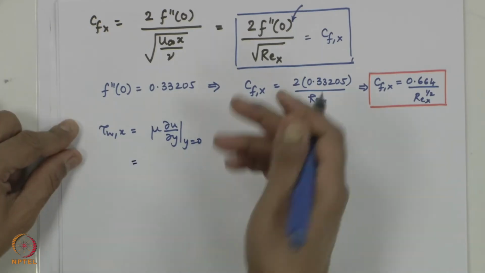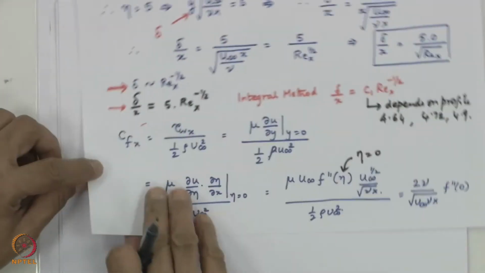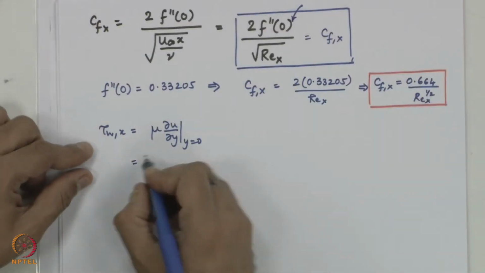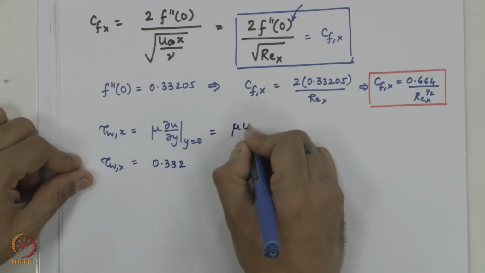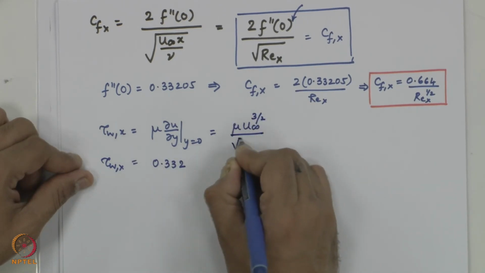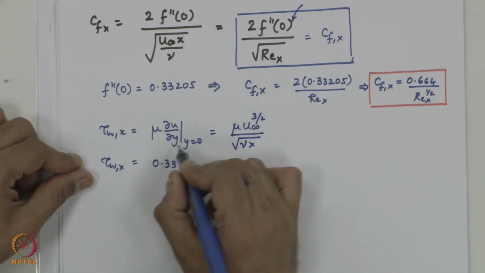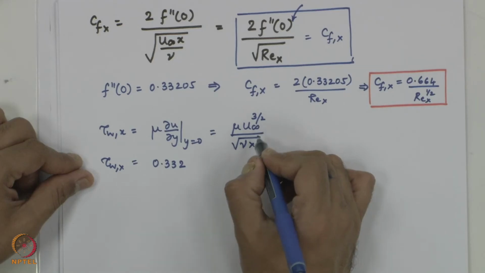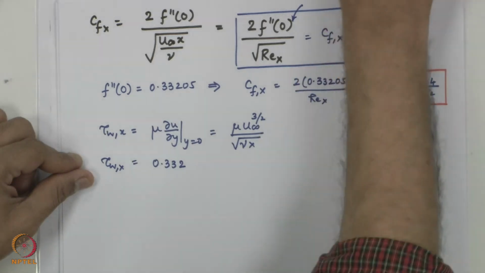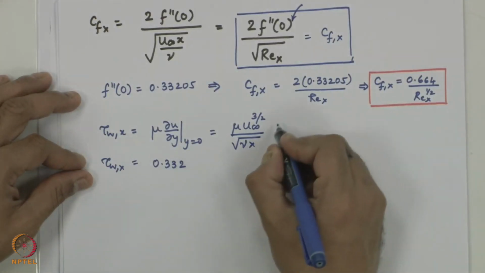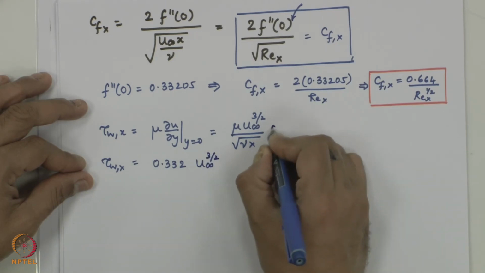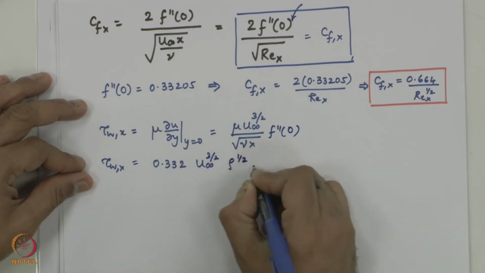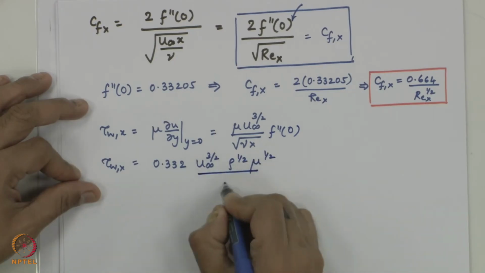You substitute exactly like before, du by d eta times d eta by dy, and you end up getting tau wall of x is 0.332 mu u infinity raised to 3 by 2, rho to the power half, mu to the power half divided by x to the power half.